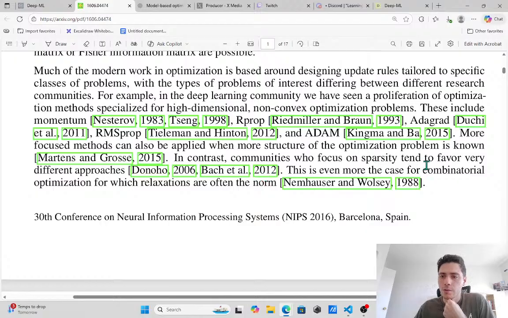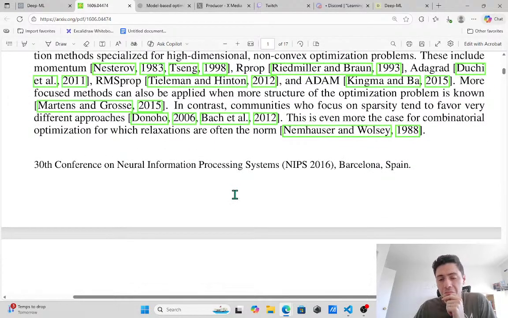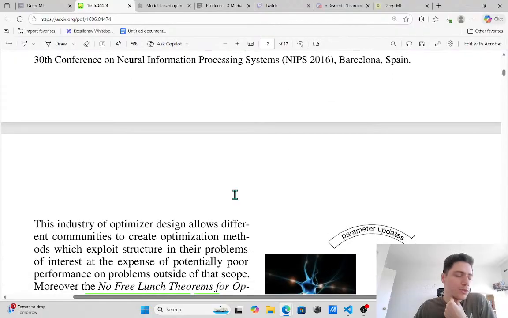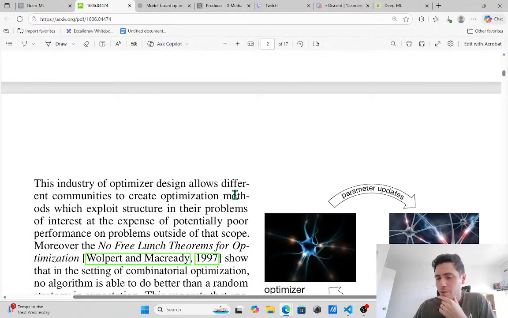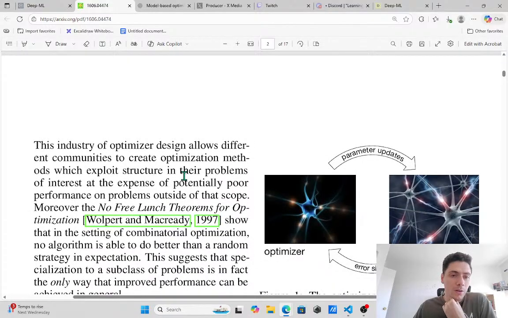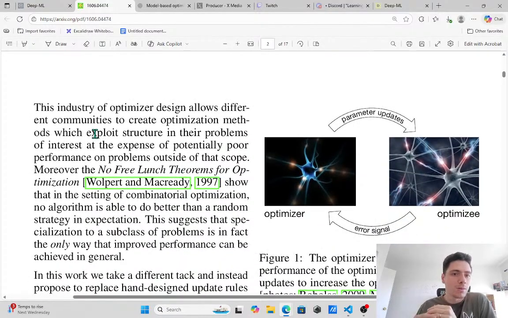It'd be interesting going into a different field and seeing what optimizers they use, and how similar they are to the ones in deep learning, because I have no idea what the other optimizers are.